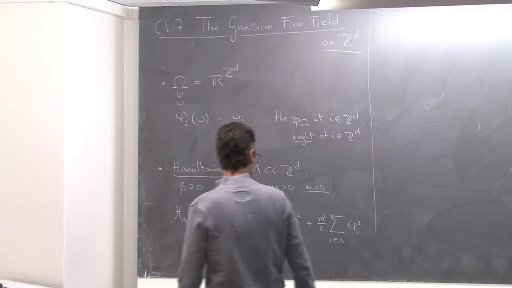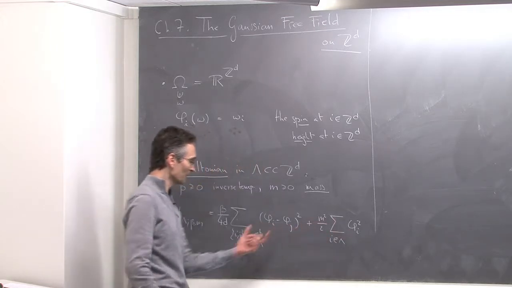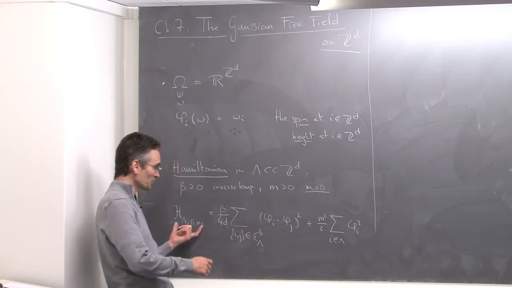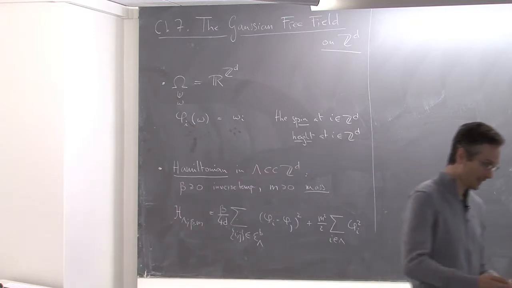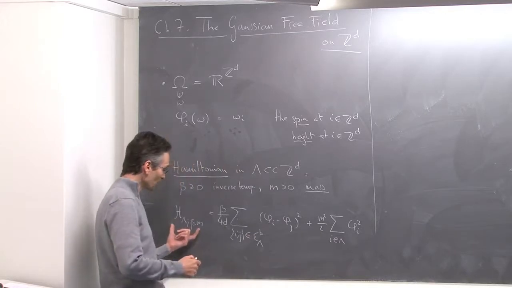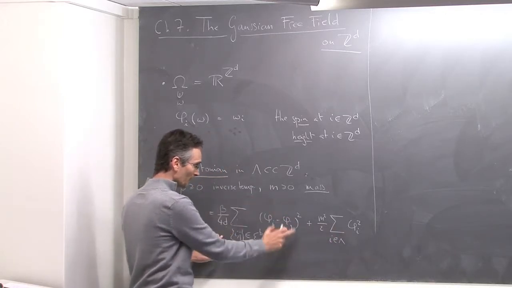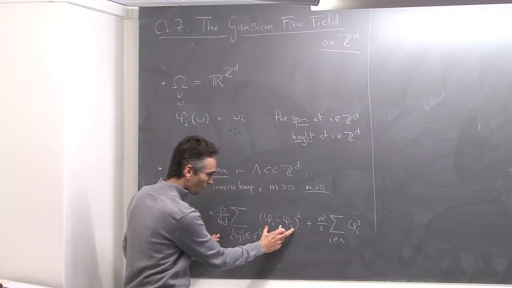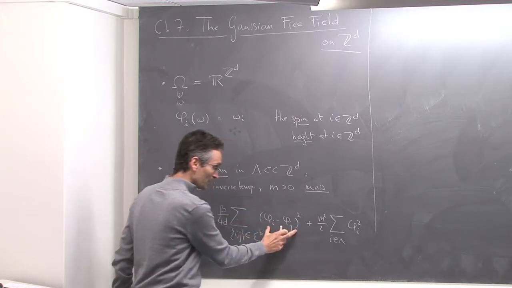Maybe just a couple of words about the effect of these two terms. We have seen that the Gibbs measure gives higher weight to configurations which have low energy. So to have a low energy, you want both terms to be small. For the first term to be small, you need all these gradients, phi_i minus phi_j, between nearest neighbors i and j, to be small.